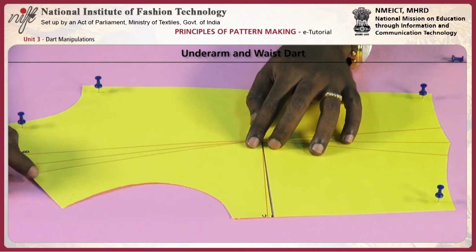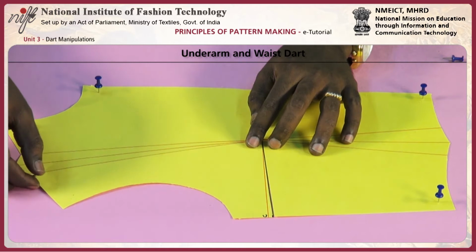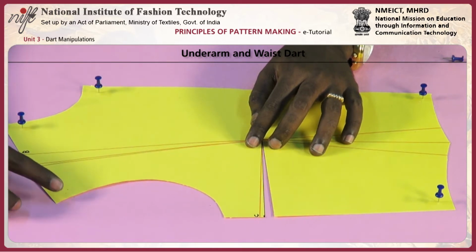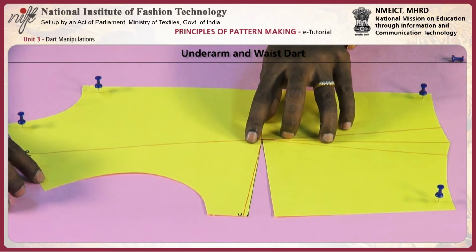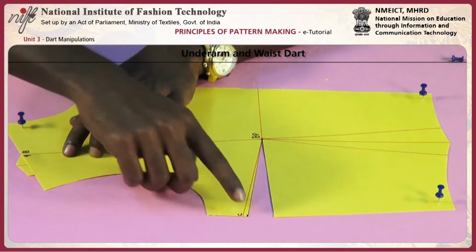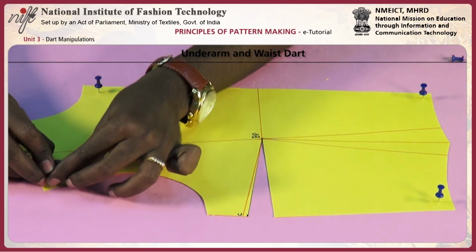Now close A to B so that you can close the shoulder dot and the dot opens at C. Move A to B, pivoting at bust point, join together. Now dot will open at C. Pin it.